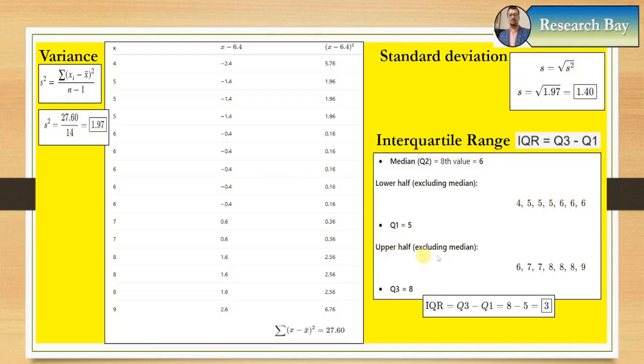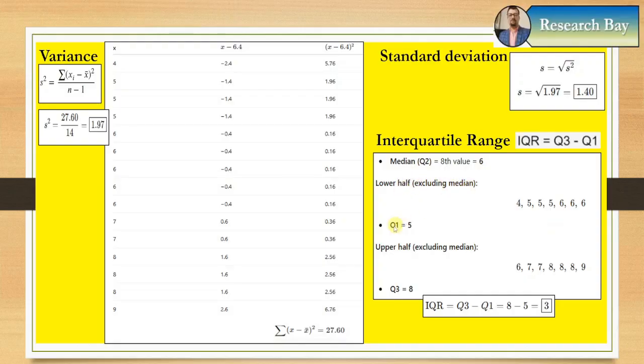Next, upper half. Beyond 6, which is the 8th value, 9, 10, 11, 12, 13, 14, 15. So that makes up the data of 15, right? So 1, 2, 3, 4, 5, 6, 7, 8, 9, 10, 11, 12, 13, 14. So 14. In between is the median, 6. So that's how we have a data of 15 students.